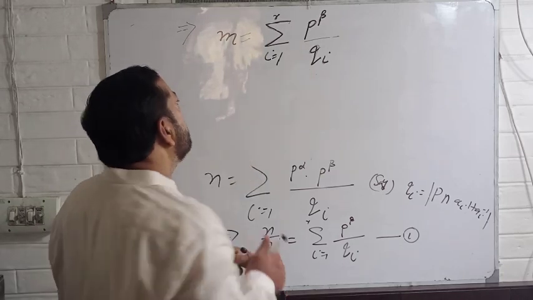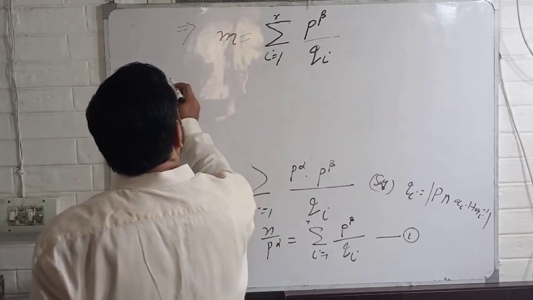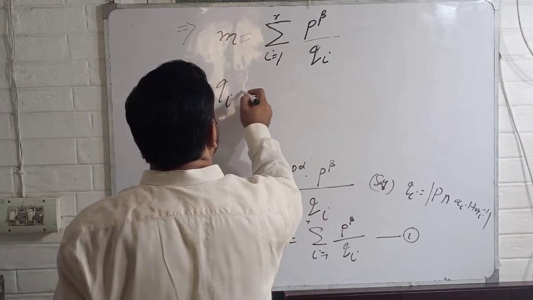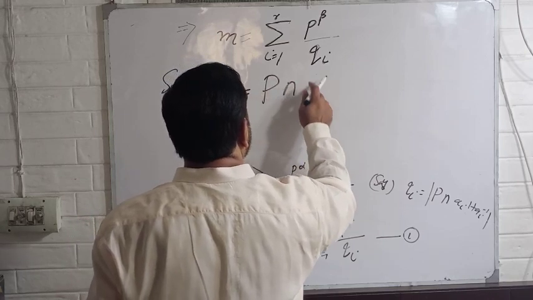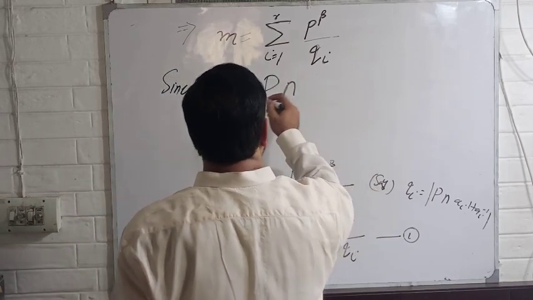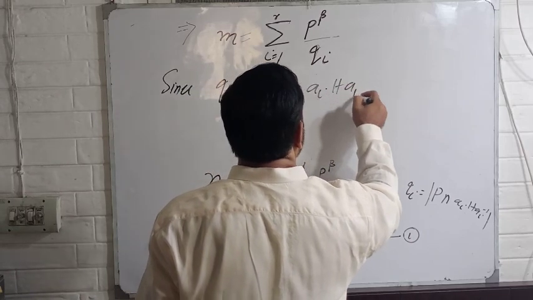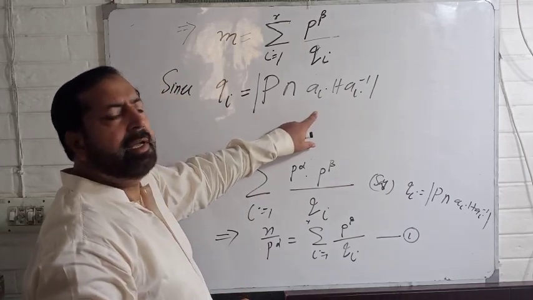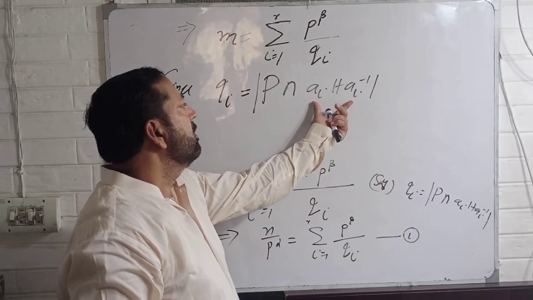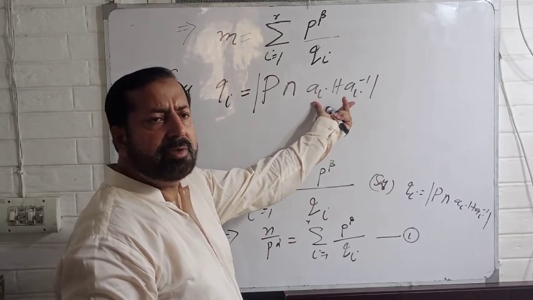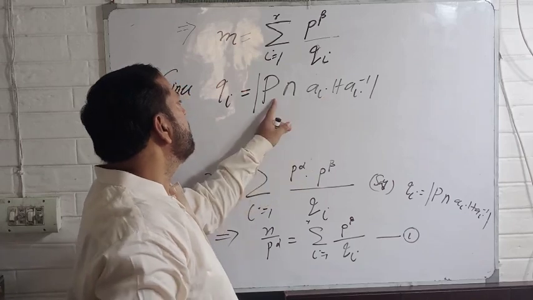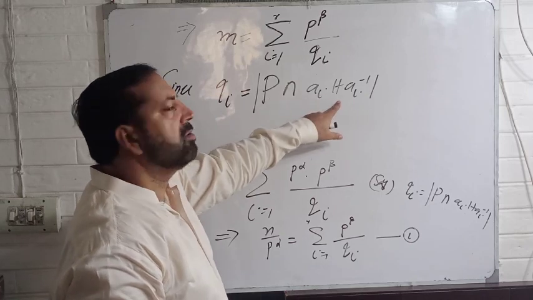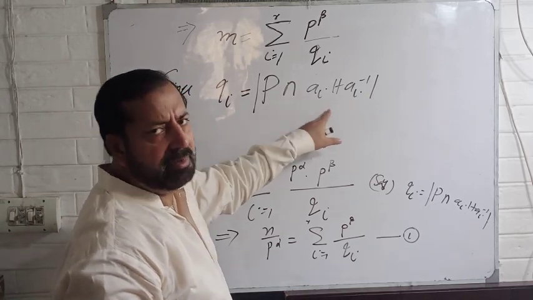Okay, so clearly since q_i is equal to the order of P intersection a_i H a_i inverse, order of q_i is equal to order of this, and this is the P group. This one, you know, is conjugate to H, a Sylow-p subgroup, so its order is P power alpha, and this is a P subgroup. Anyhow, this is a subgroup of P and also a subgroup of Sylow-p, so it is a P group, right?